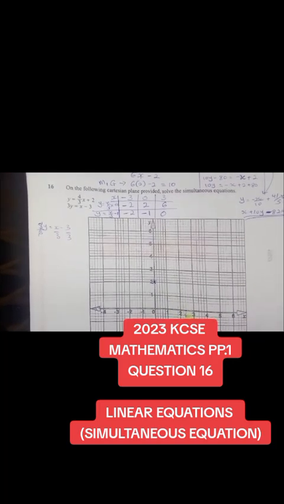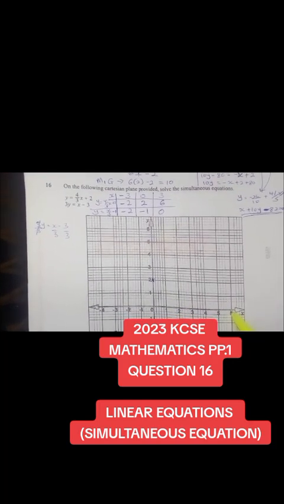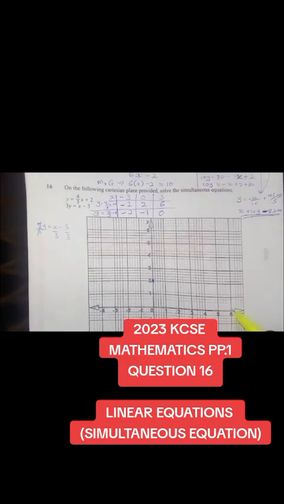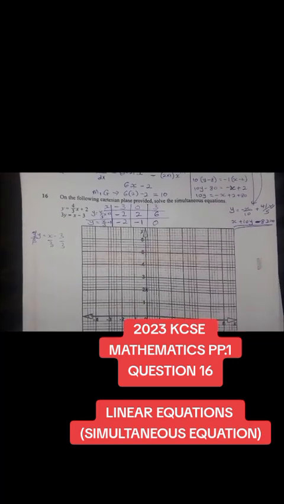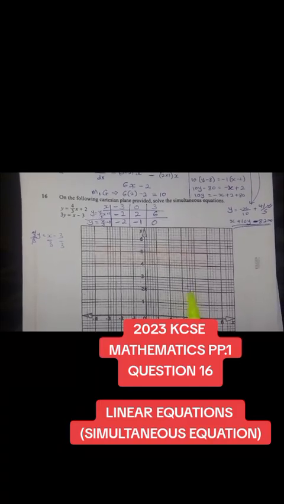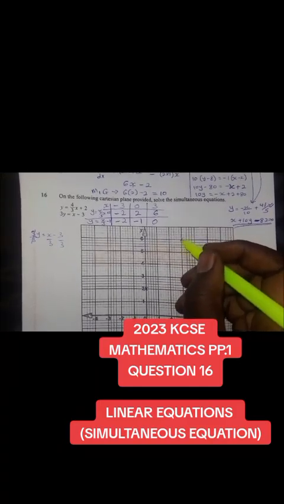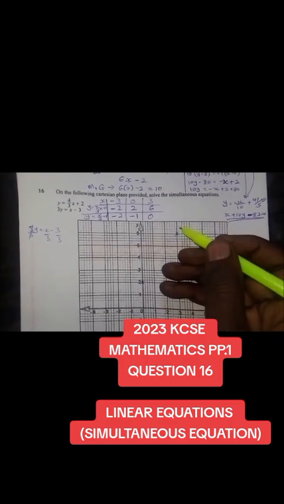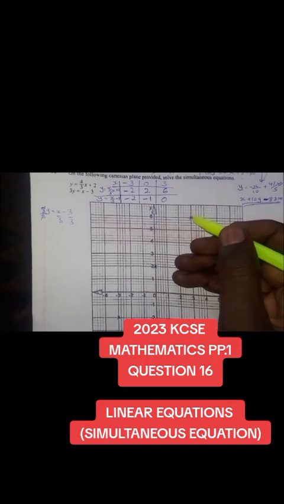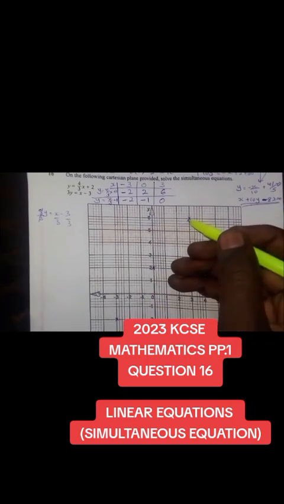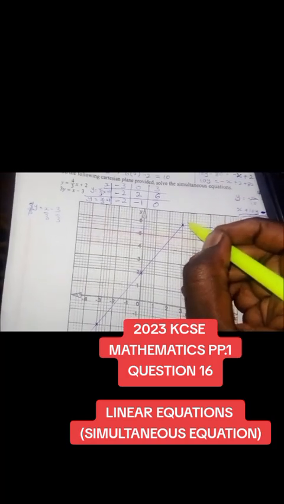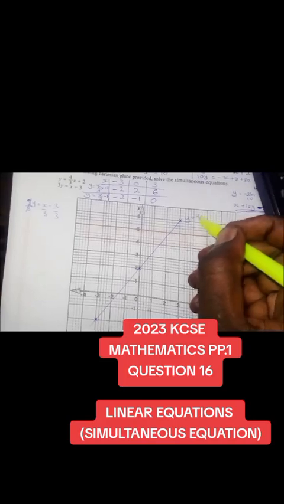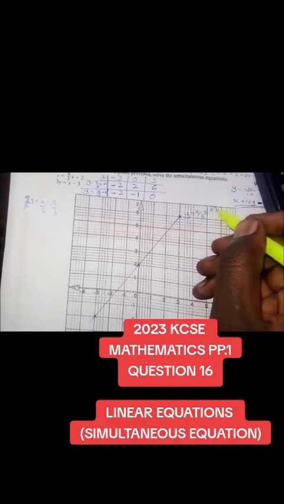If x is 3, y becomes 6 right there. You can just read from the lines plotted that this one is a straight line. So using a ruler, I just joined the line and I realized that this is the equation y is equals to 4 over 3x plus 2.